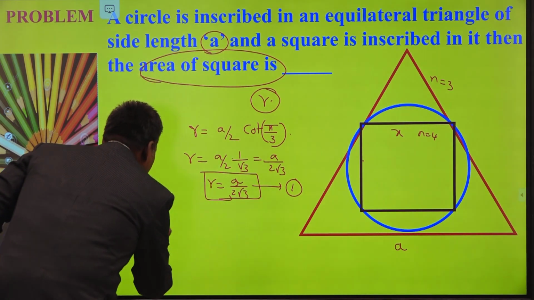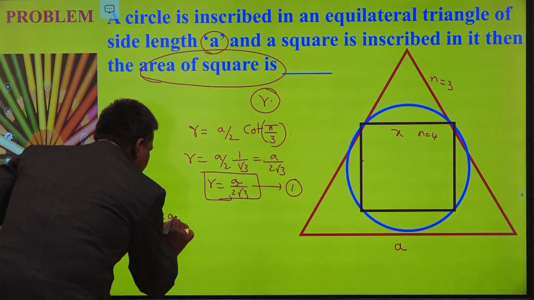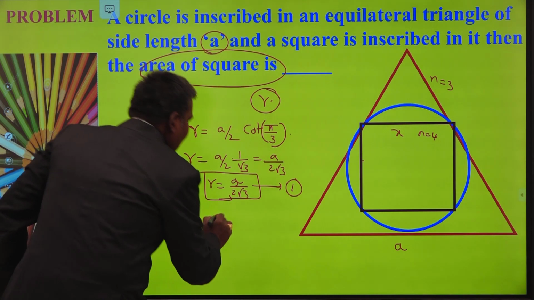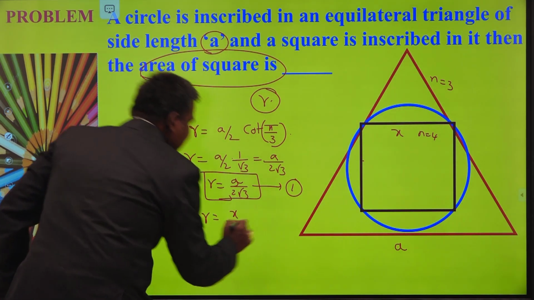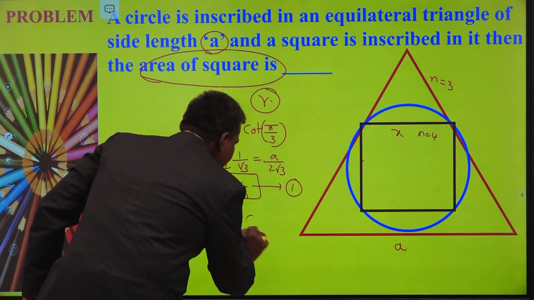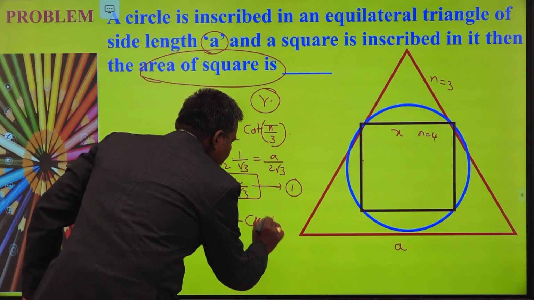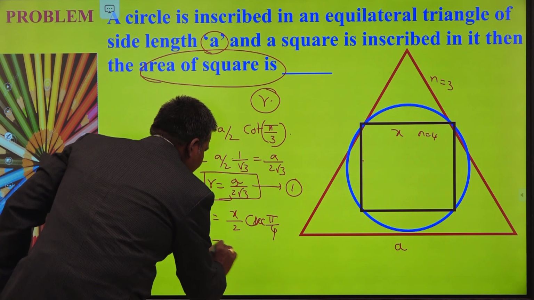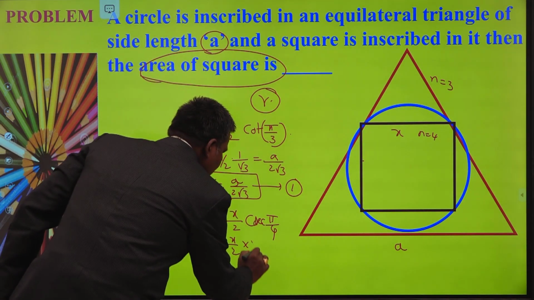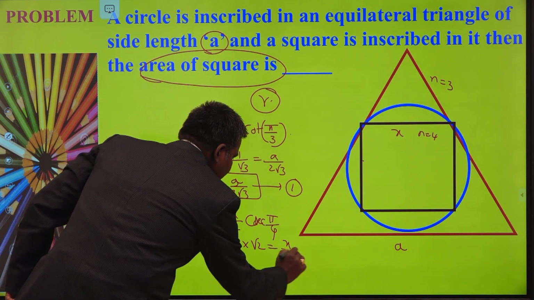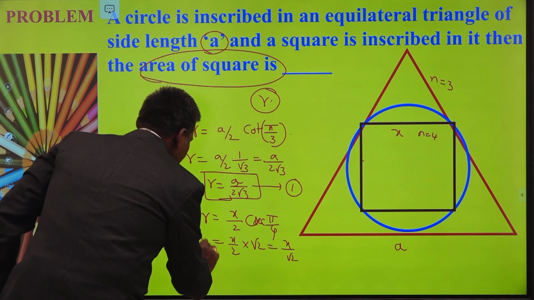Again, R is equal to x by 2 cosecant pi by 4, because the length of side is x. So x by 2 into cosecant pi by 4, that is nothing but root 2, as all of you know. This is nothing but x by root 2. This is R.